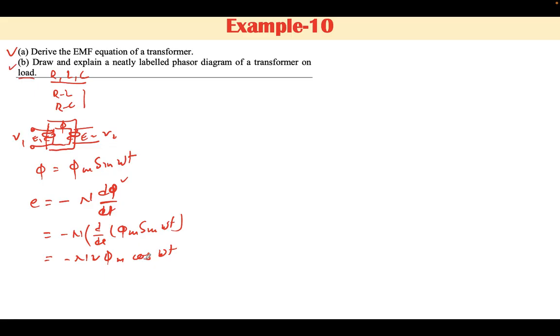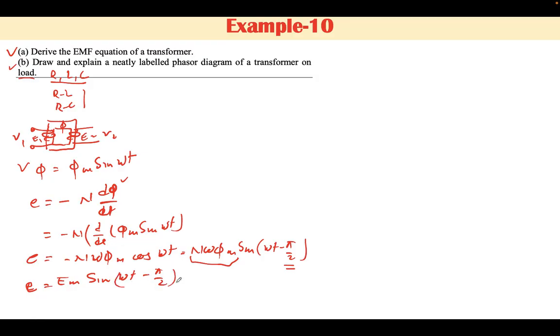This cos of omega t is converted into a sine function, which equals n omega phi m sine of omega t minus pi by 2, and hence we can say the EMF developed in this coil due to the sinusoidal flux linking lags by an angle of pi by 2. If we compare this equation with the standard, by definition E is equal to Em sine of omega t minus pi by 2.